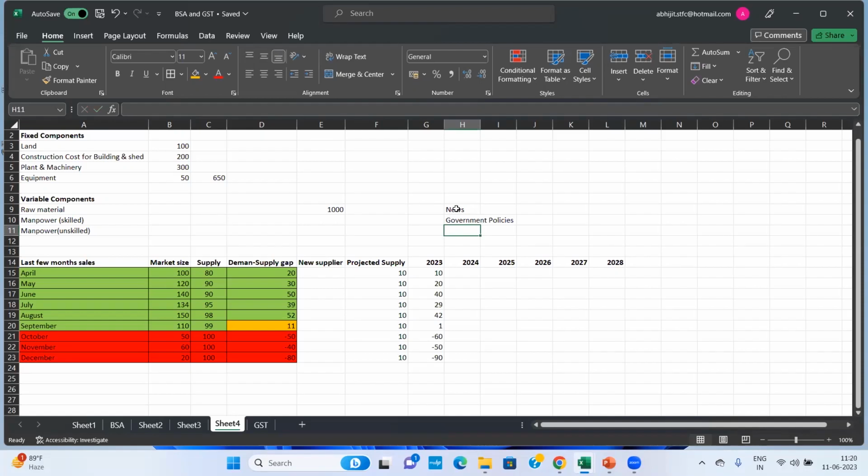Does government policies affect your demand supply? It does, right?